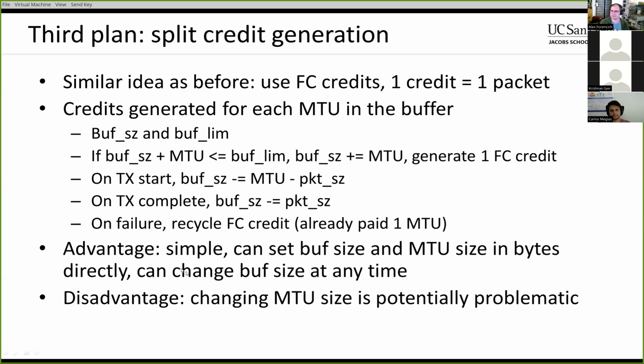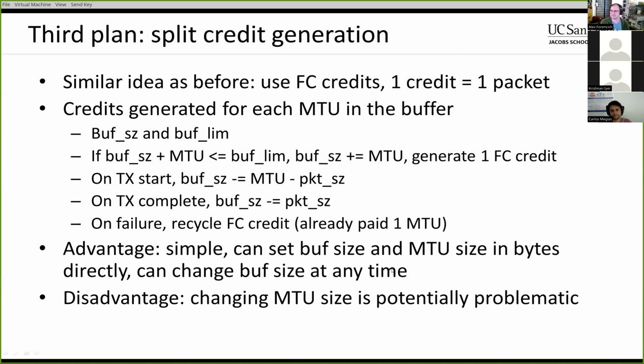So the advantage of this is it's relatively simple, and you can set the buffer size and MTU size in bytes directly, and you can change the buffer size whenever you want. You don't need to calculate scaling values and things like that. But the disadvantage is that changing the MTU size is potentially problematic, because since we're incrementing and decrementing by the MTU, you can end up in a state where the buffer size has some credits stuck in it that you can't really recover.